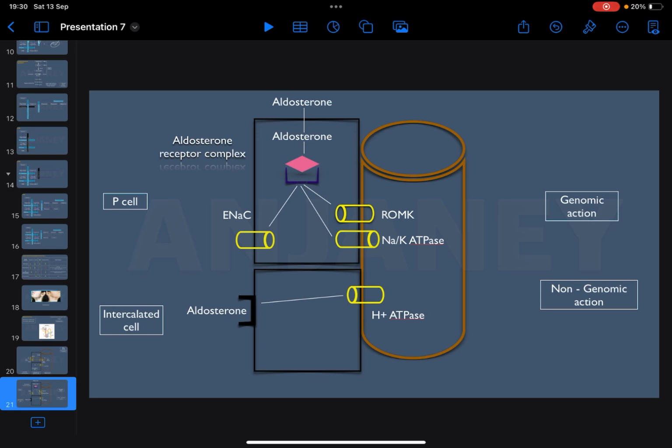While if it is not entering the cell, so it's not touching anything in the nucleus, it's a non-genomic action. We'll study it in detail in upcoming chapters, but here you just have to know what genomic and non-genomic action are. Simple understanding. Done. We have two types of cell, P cell and intercalated cell, and four transporters: ENaC, ROMK, sodium potassium ATPase, and H plus ATPase.